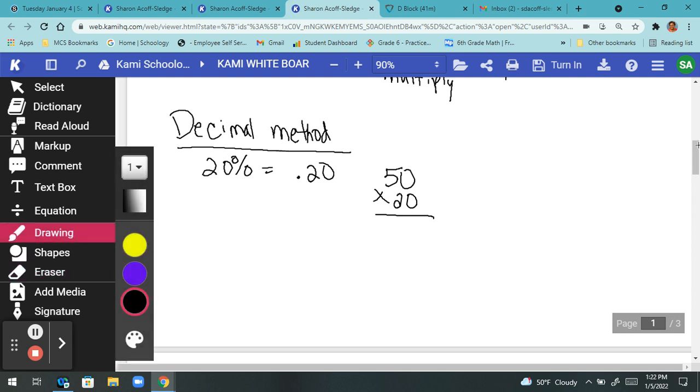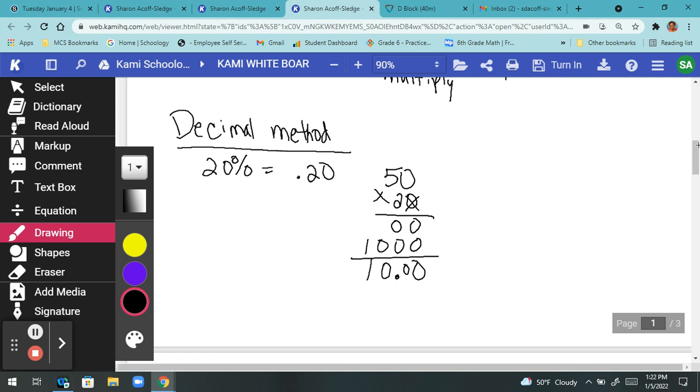So we have 2 places here behind the decimal, so we can go ahead and multiply first. 0, 0. We're through with that. 2 times 0 is 0. 2 times 5 is 10. Let's add those together. And then we got our 2 places here. And so we still get 10.